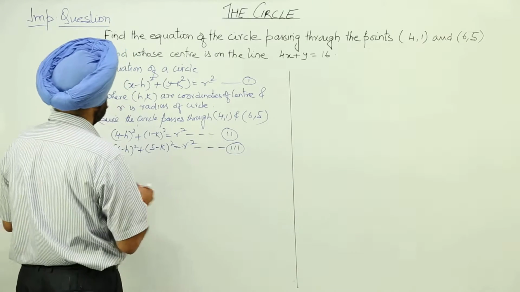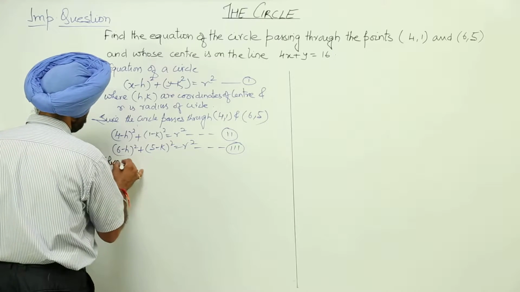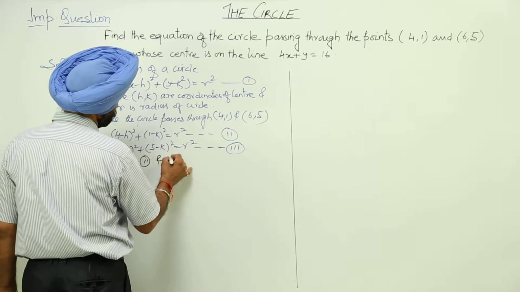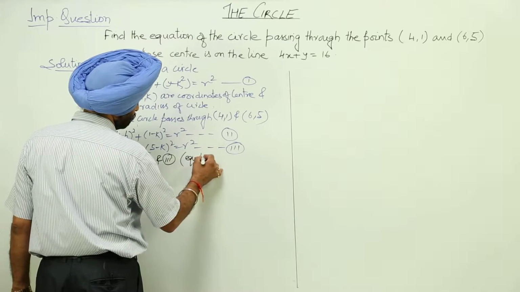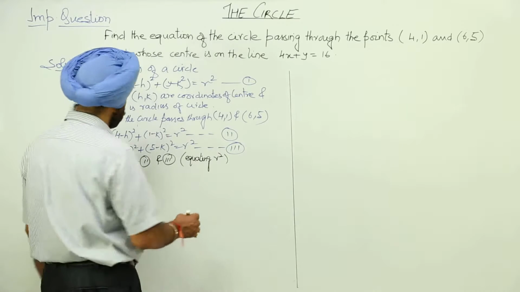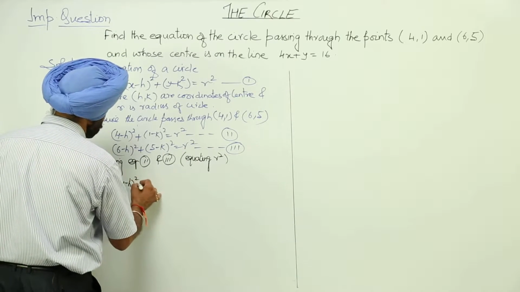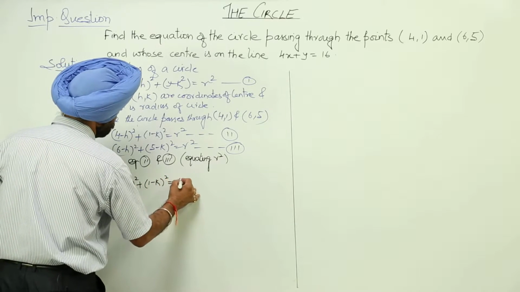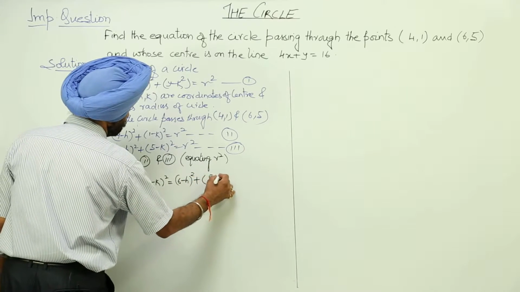Now, solving equation 2 and equation 3, or you can write it, equating r². So, what we are getting? (4 − h)² + (1 − k)² = (6 − h)² + (5 − k)².